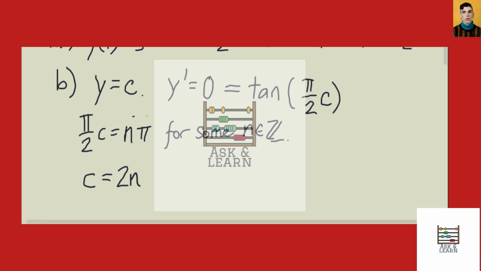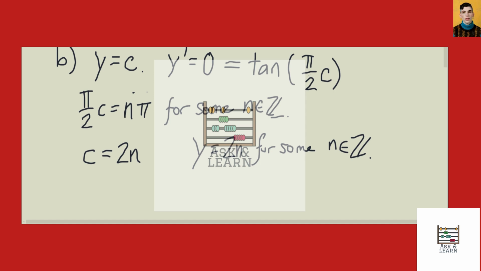So we have shown that if we have an equilibrium solution, then that solution must have the form y equals 2n for some n in the integers. To show that this is indeed an equilibrium solution, we'll plug this into our equation.